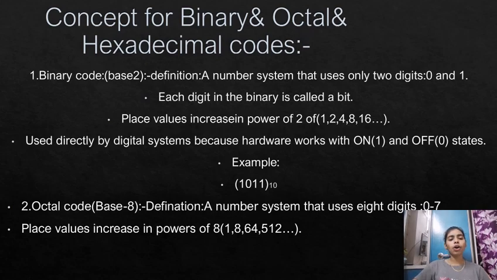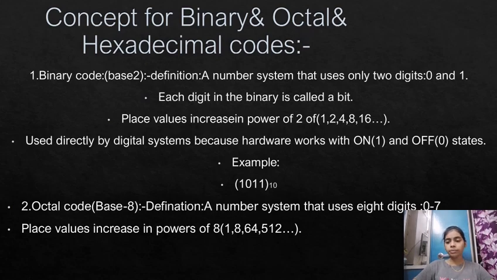Second, octal code. For octal, the base is 8. The definition of octal is a number system that uses 8 digits, 0 to 7. Place value increases in powers of 8: 1, 8, 64 and 512.